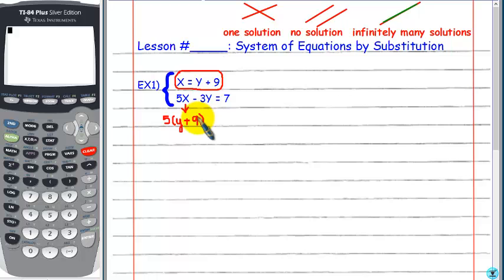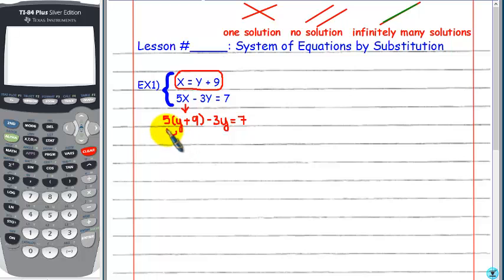Everything else stays the same. The only thing that is changing is the letter x. Instead of x, we open parentheses and we replace it with what it is equal to. The end result of that is that I'm left with an equation with only one variable, the variable y. And basically I can just solve the equation and solve for y.